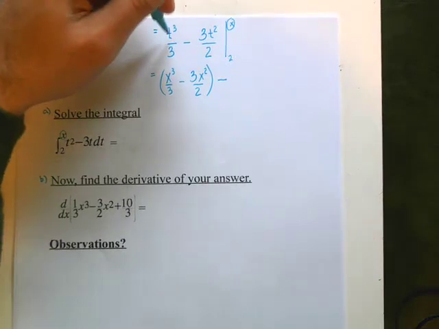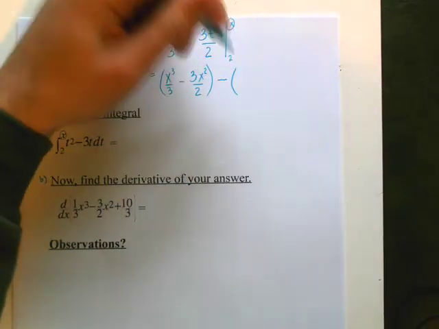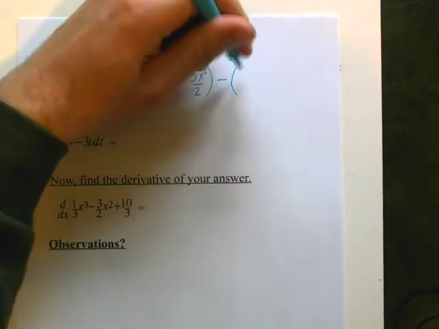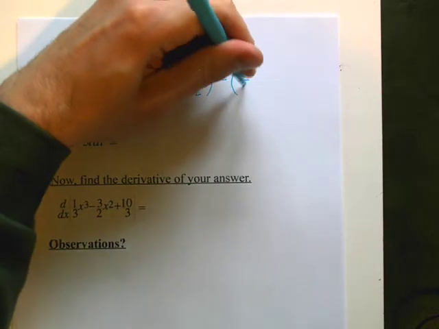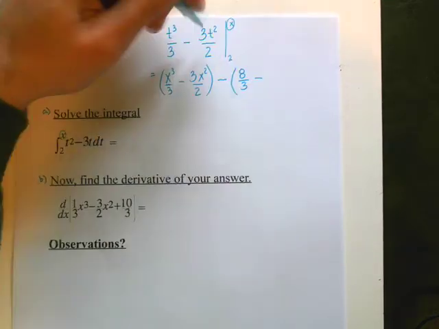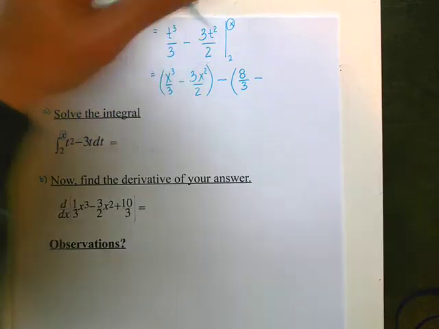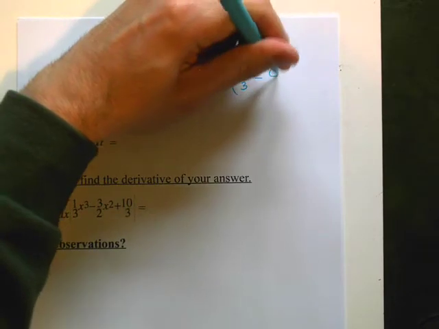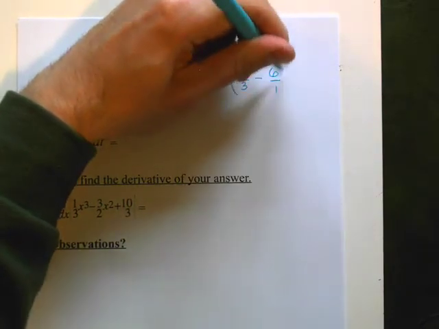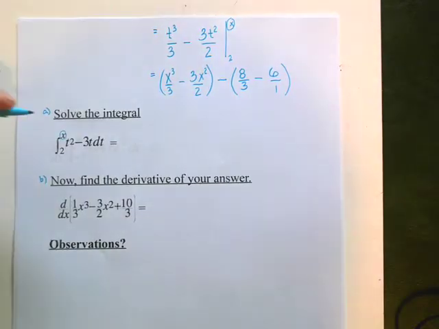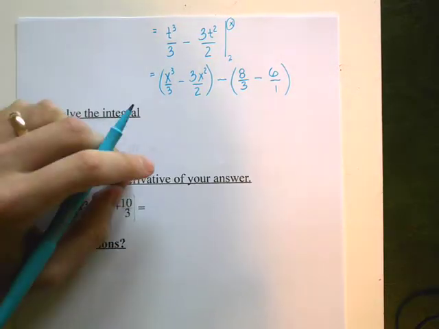So 2 to the third is 8, so that'd be 8 over 3 minus, 2 to the second is 4 times 3 is 12, divided by 2 is 6, so I'm going to make that 6 over 1, just because I know I have some fractions here that I'm going to have to combine.